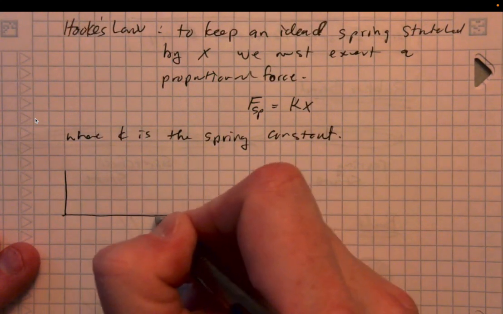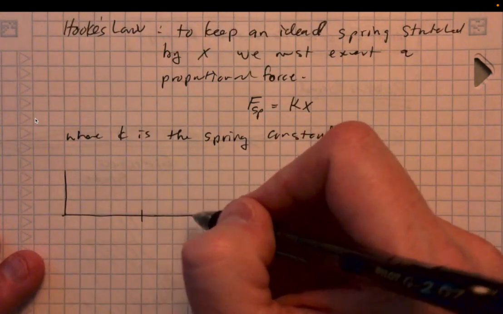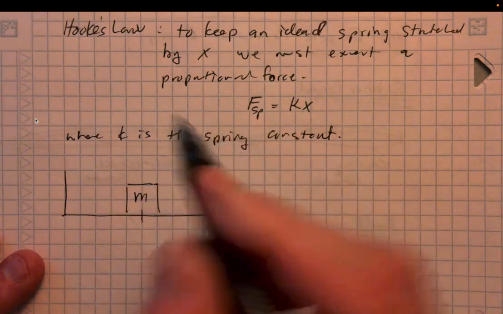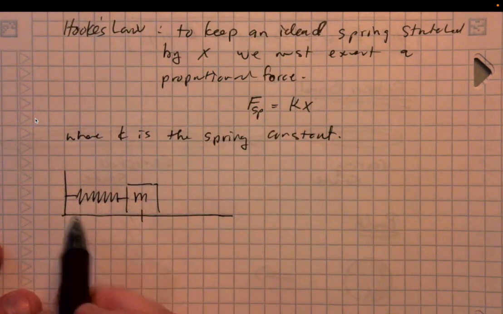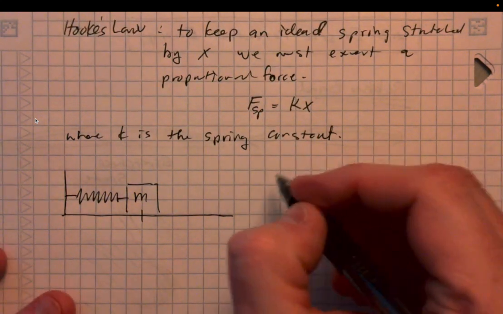So let's say I've got a block here that's on a spring, it's got some mass, and the spring is attached to a wall. And this thing is gliding on a frictionless track. So I have a mass m connected to one end of a spring and resting on a frictionless track.